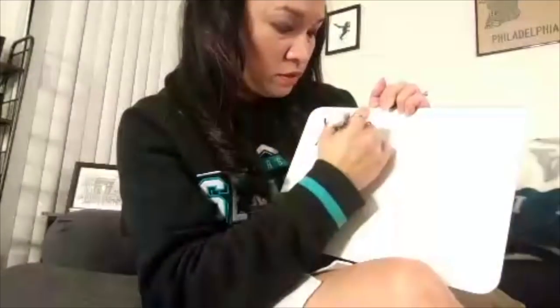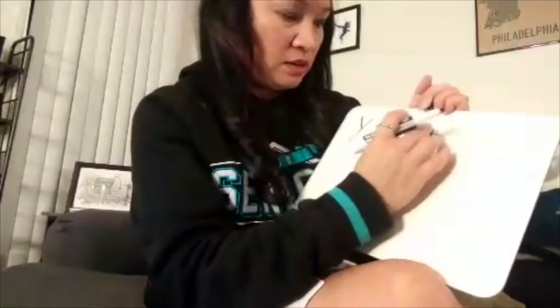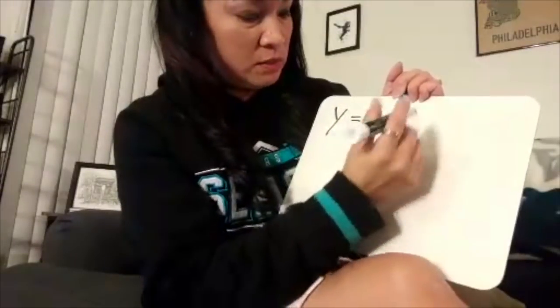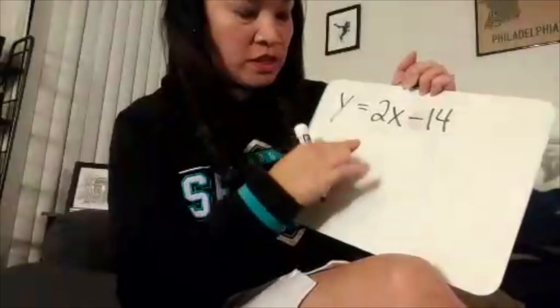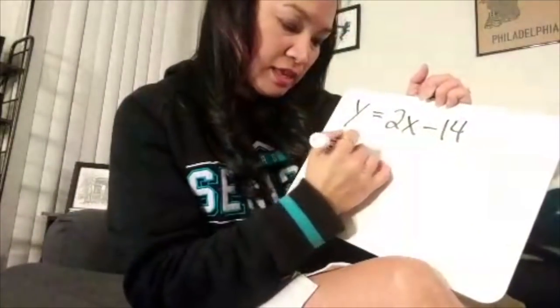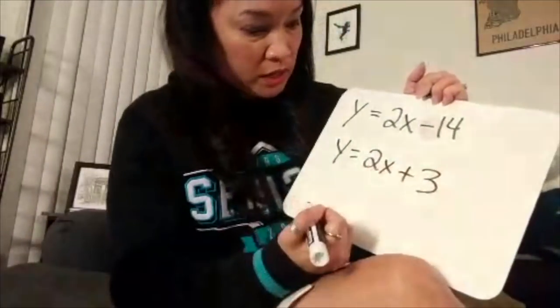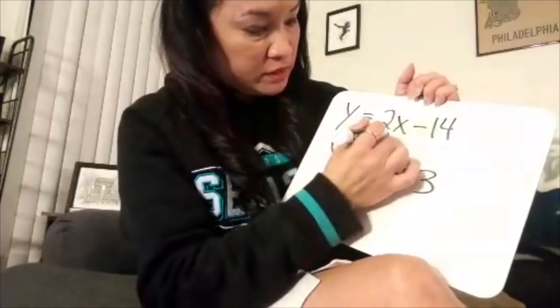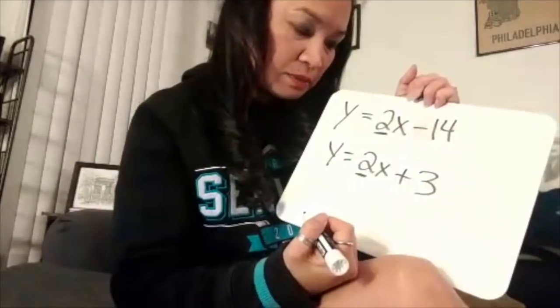It was 2. X. And what is the new y-intercept? It was negative 14. We don't need double signs there, so we put negative 14. So this is my new equation. This line is parallel to the line that they gave you from the book, which is 2x plus 3, because they have the same slope, but they're two different lines because they have different y-intercepts.